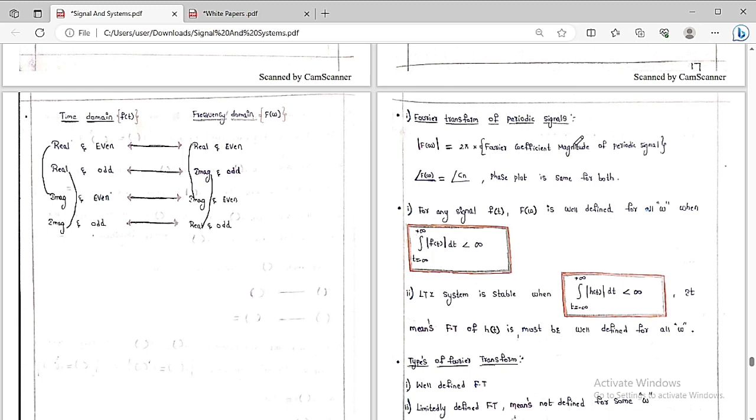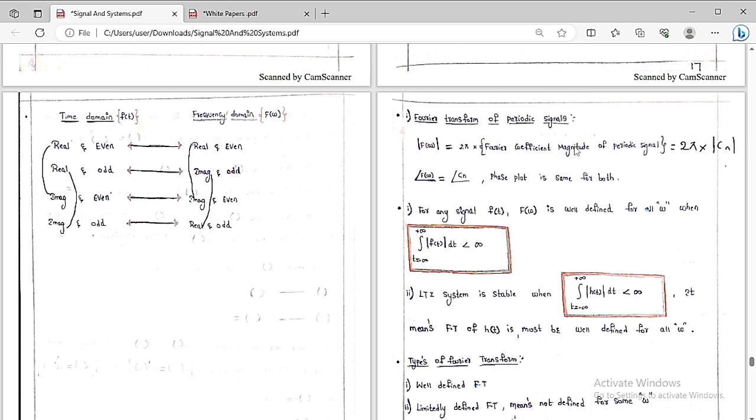Simply, we can write it as 2 pi into the magnitude of Cn. So the magnitude of the Fourier transform is equal to 2 pi into the Fourier coefficient magnitude of the periodic signal, or simply 2 pi into mod of Cn.